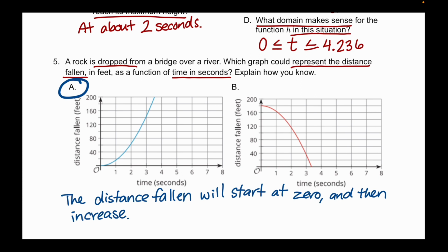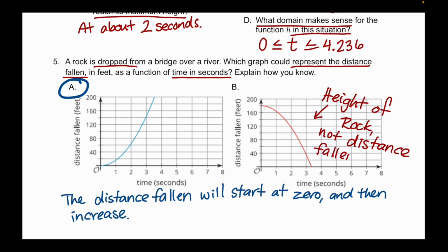And I'm going to write a little note on this one that this would be like height of the rock, not distance fallen.